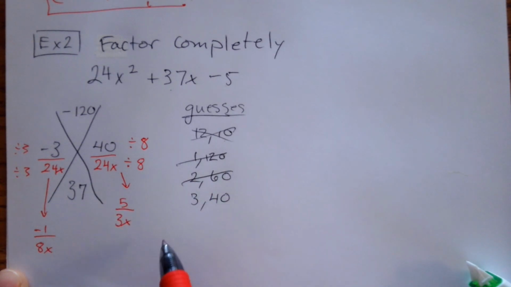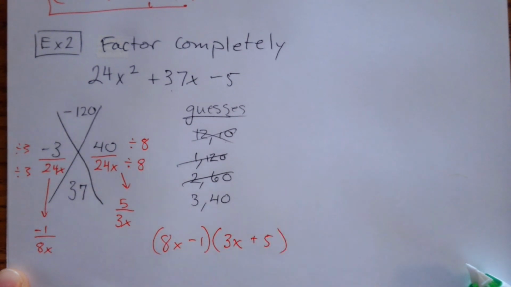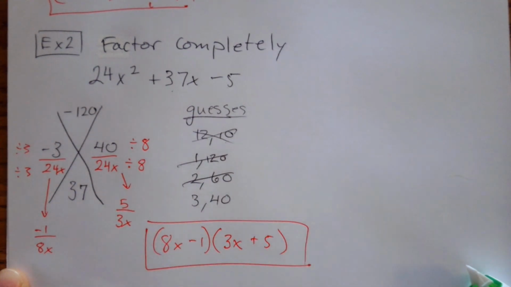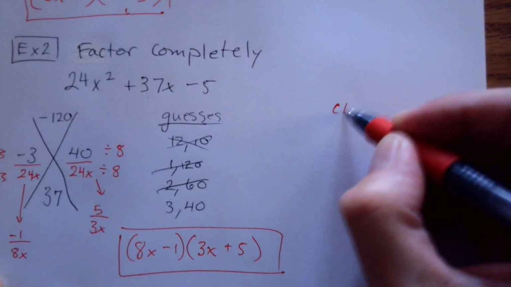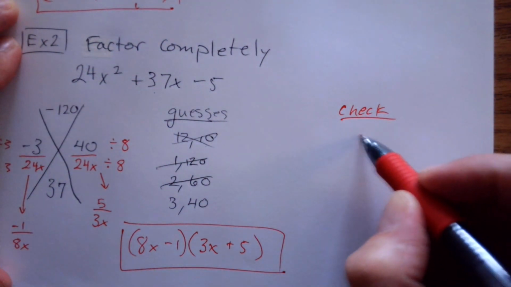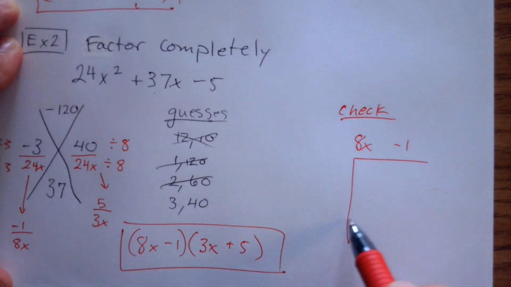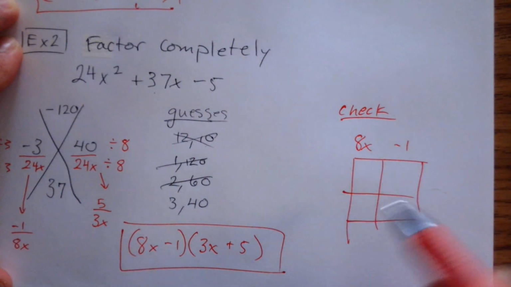So then my answer, 8x minus 1 times 3x plus 5. Do you guys remember how to multiply this out? I won't do it, but to check, the way that we were looking at it was maybe do the box method. I think some people preferred the box method.